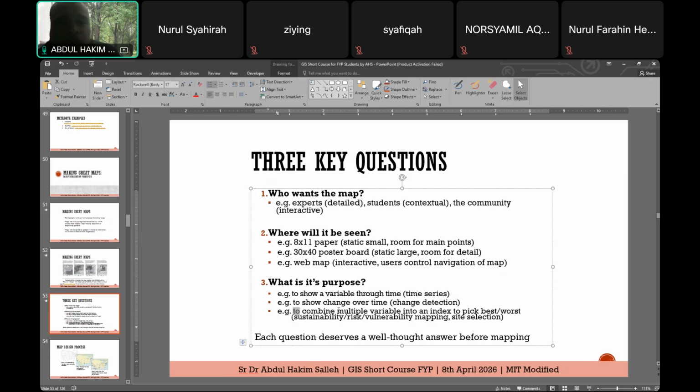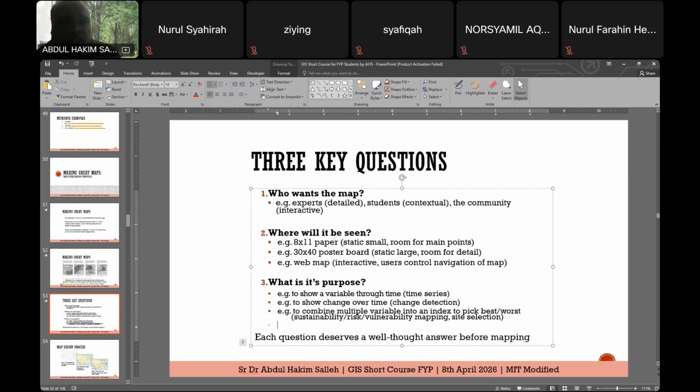It can combine multiple variables into an index to pick the best or worst, such as a sustainability map, risk map, or vulnerability map. Let's say you are going hiking, and suddenly there is a heavy rainfall.